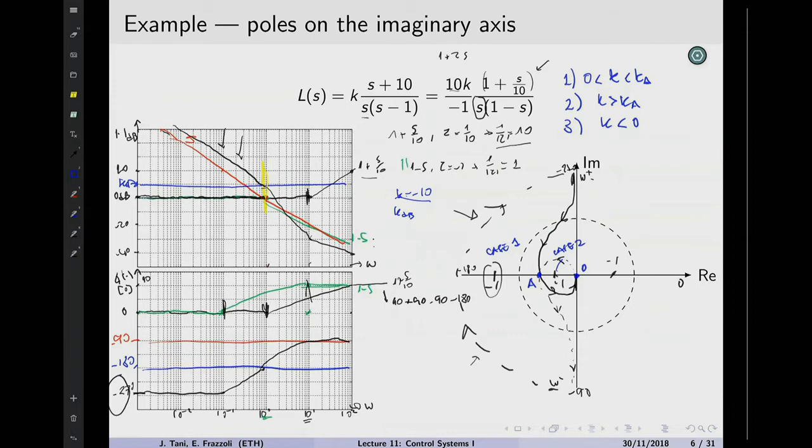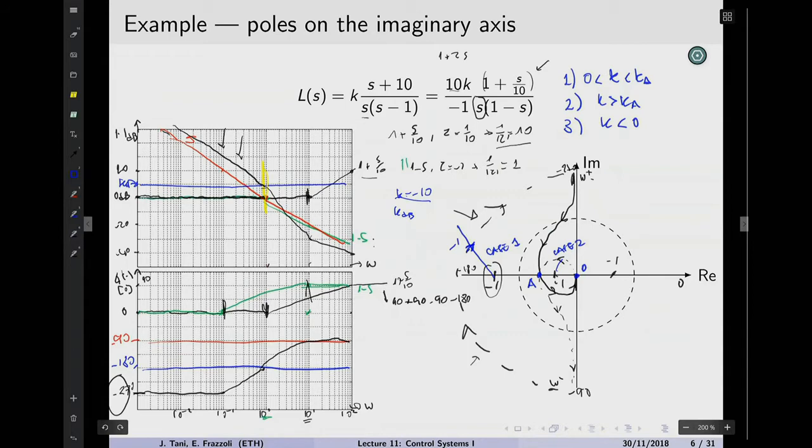Well, now we can apply the Nyquist criterion, which means let's look at these 3 different cases and count the encirclements of the Nyquist plot around the critical point and compare them to the number of unstable open loop poles. One way of doing it is we take a direction and we count as +1 any counterclockwise encirclement, or let's say crossings of this line. In this case, we have a crossing in this direction, so this counts as a -1.